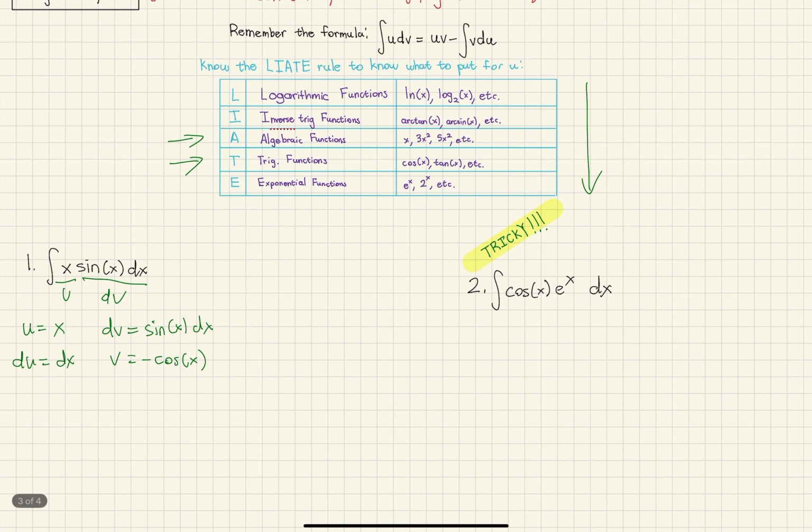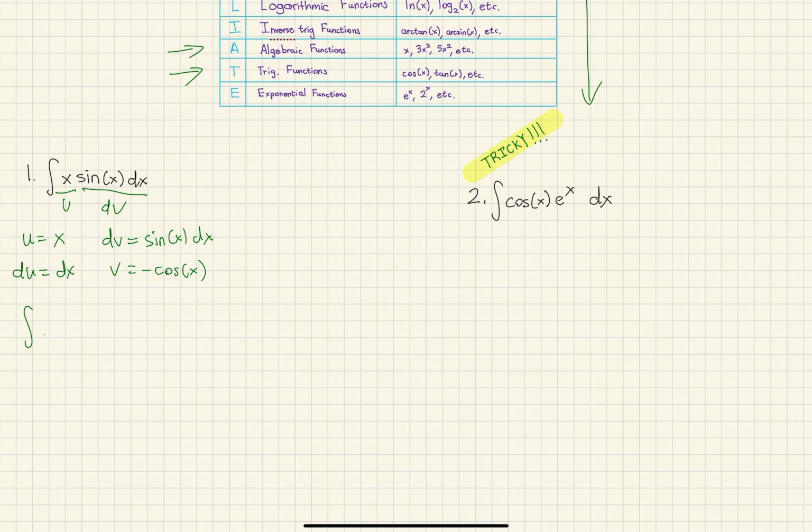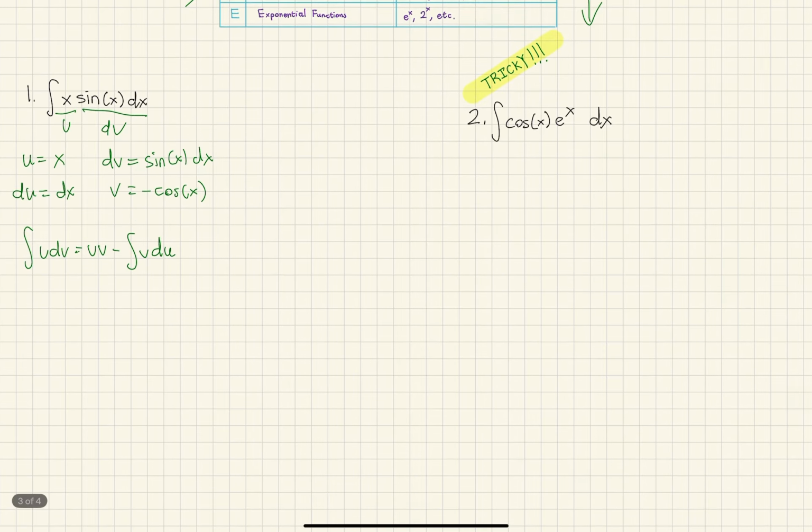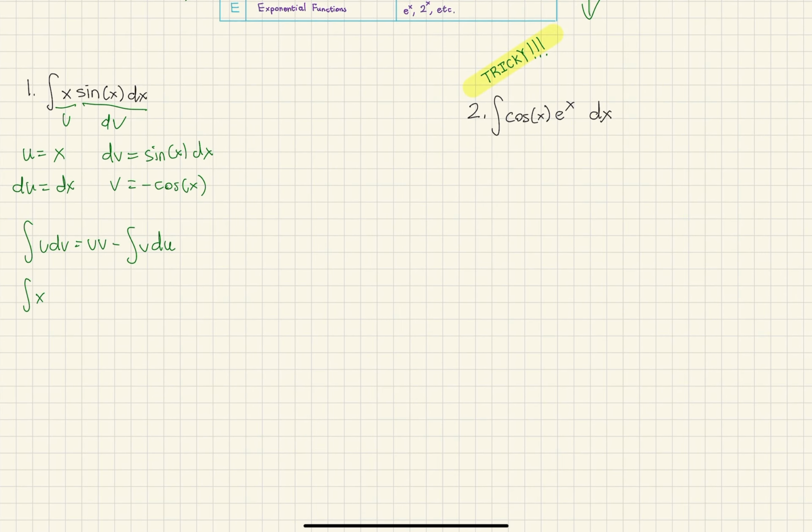Let me just write it down so you guys can see what I mean. The integral of u dv equals uv minus the integral of v du. So u equals x, dv equals sine x dx, which equals uv, so it's x times negative cosine x, minus the integral of v, which is negative cosine x, and then du, which equals dx.